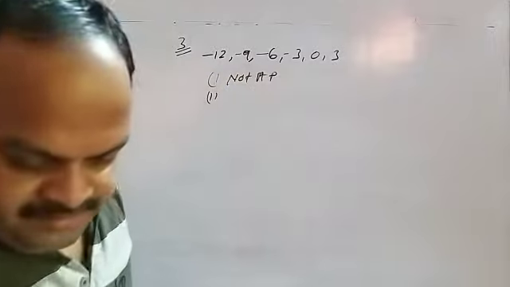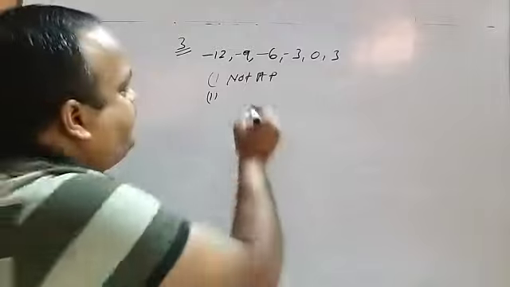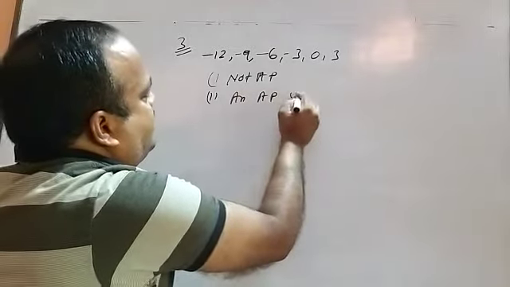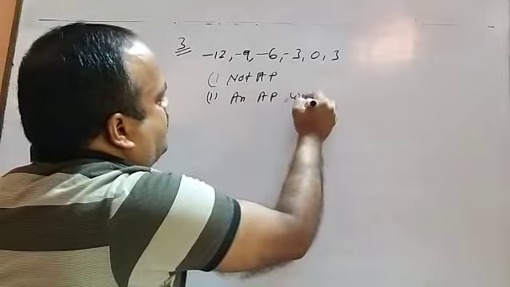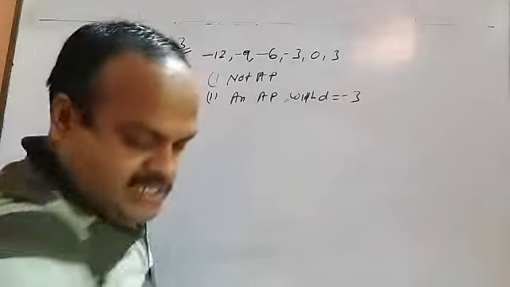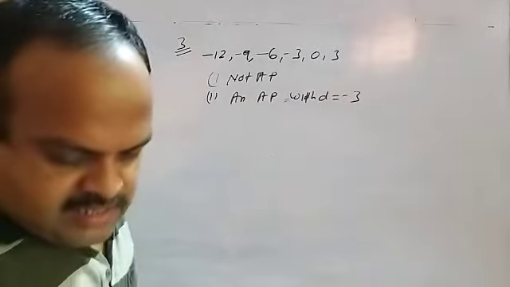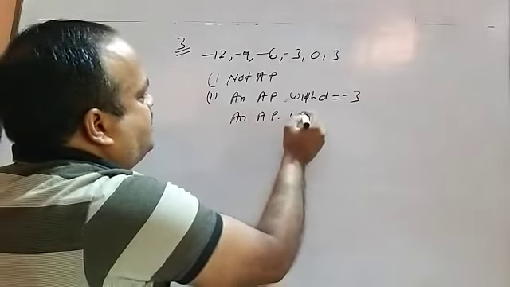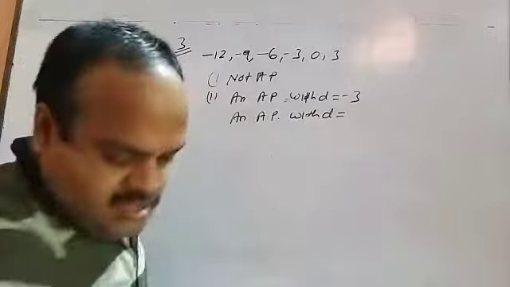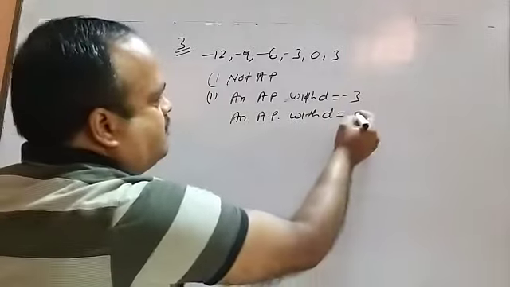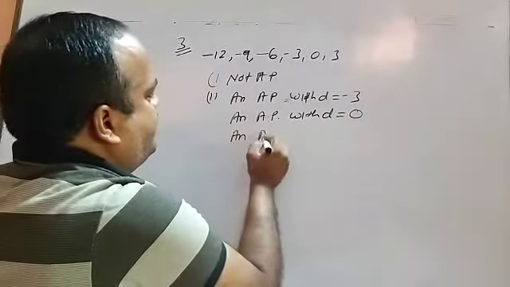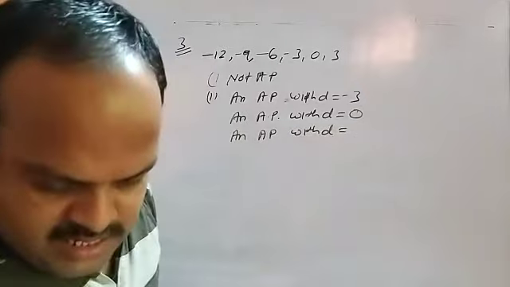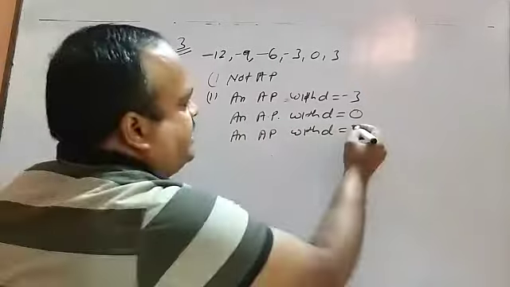Second, an AP with d equal to minus 3. An AP with d equal to 0, and an AP with d equal to 3.